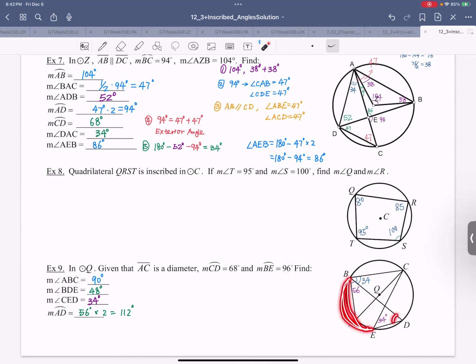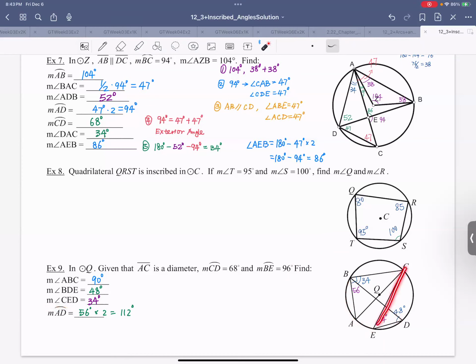So this will be 96, no, divided by 2. Oh, this arc 48. Angle, yes. This divided by 2. So this is 48. So you write down here 48. Okay? This arc corresponding to this angle. So this guy is also 48. Okay? Next.